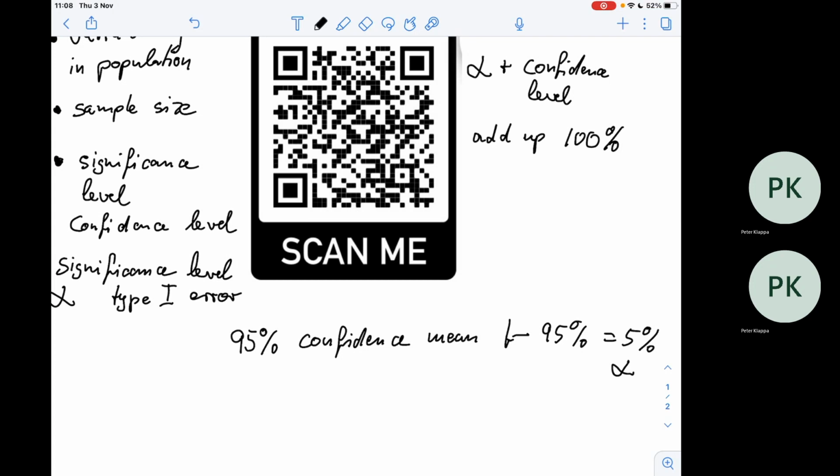Why is it 5% or 95%? Well, it's just one of these things that, in social sciences, people prefer an error of 5%. Very often in the hardcore sciences, people go for an alpha of 1%.